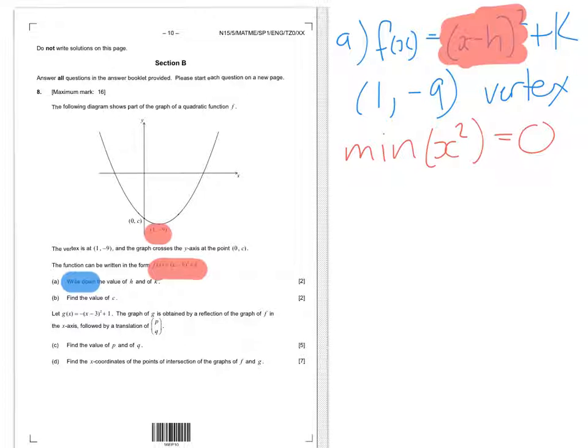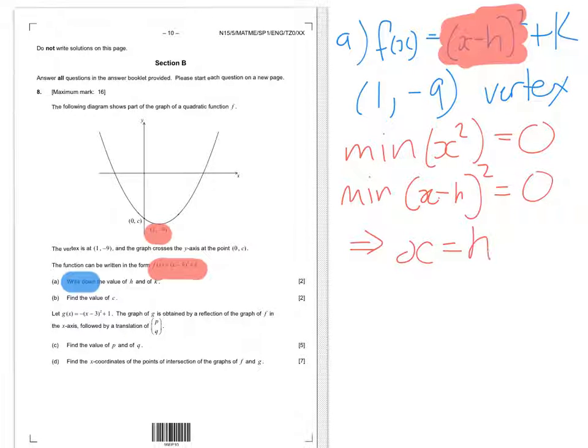And that's true for any number that's been squared. So the minimum value of (x minus h) squared is also 0. Maybe I'll write that as well. Minimum value of (x minus h) squared is 0. When do you get that minimum value? Well, you get that if x equals h.